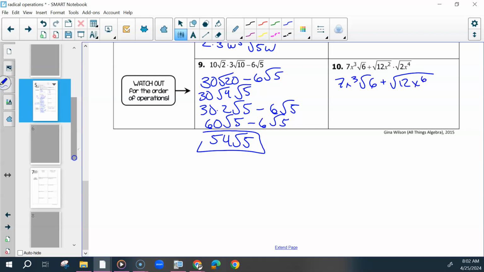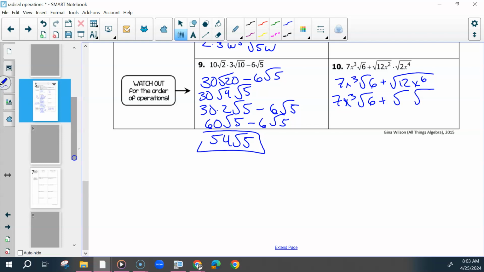Okay, let's break that down. That's the highest perfect square that goes into 12. I'm just going to keep bringing down this piece in front.